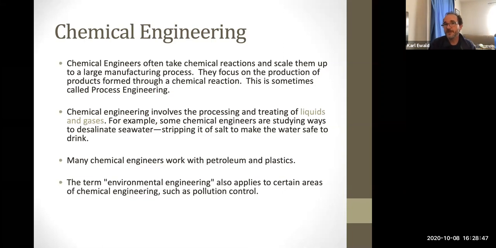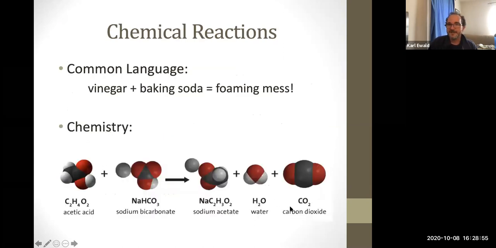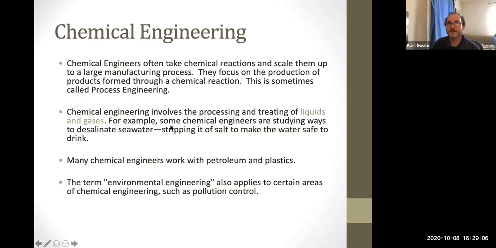So sometimes they're making molecules and sometimes they're figuring out how to separate them. Because even in this example that we had here, let's say that I wanted this sodium acetate. Well, the question is, how do I separate it from the other stuff that's here? So that's sometimes a challenge that chemical engineers will take on as well.